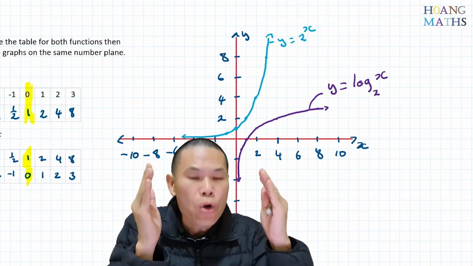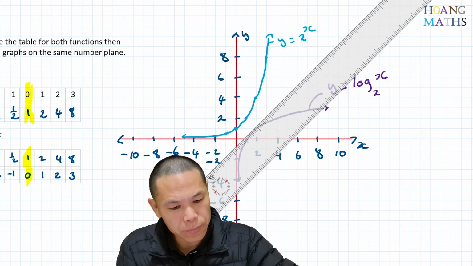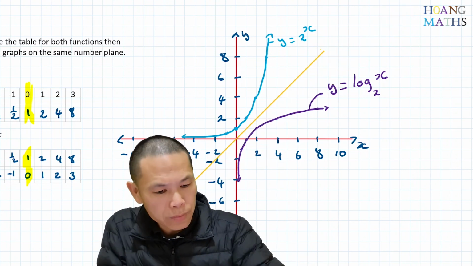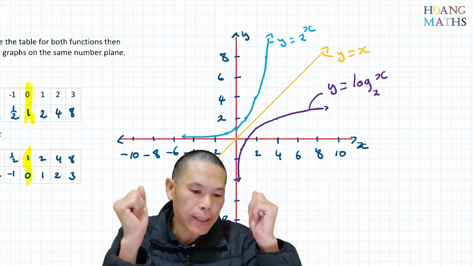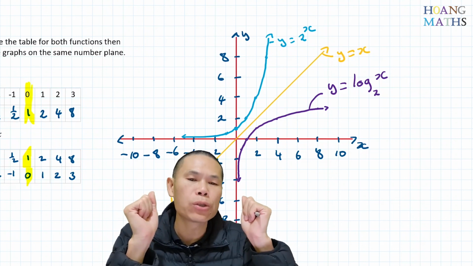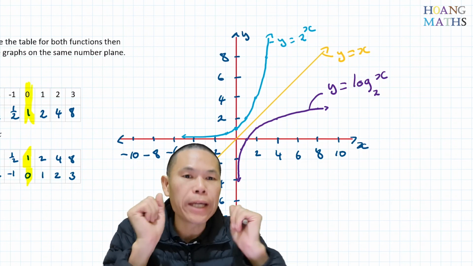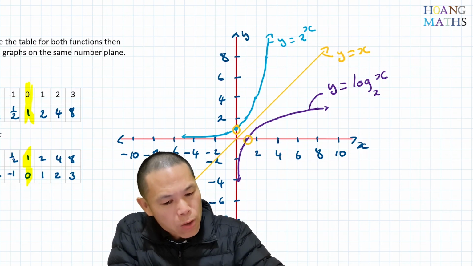And if we draw y equals x, so let me just draw it. You can see y equals 2 to the power of x and y equals log base 2 of x are reflections about y equals x. So you can see 0, 1 becomes 1, 0.